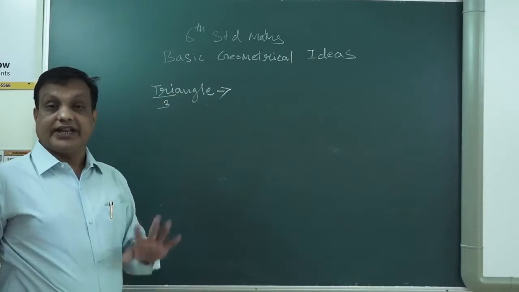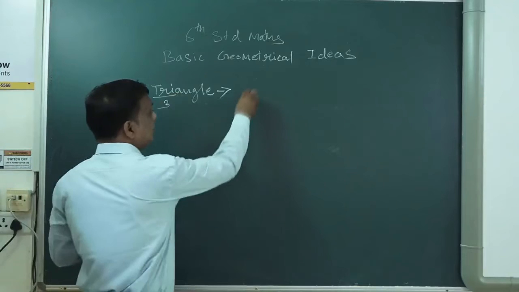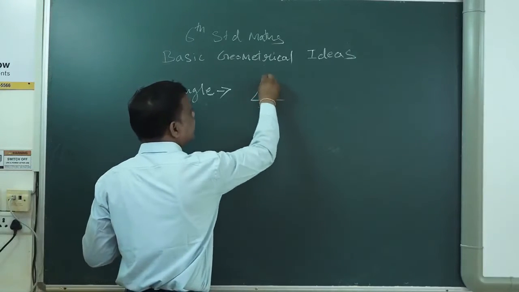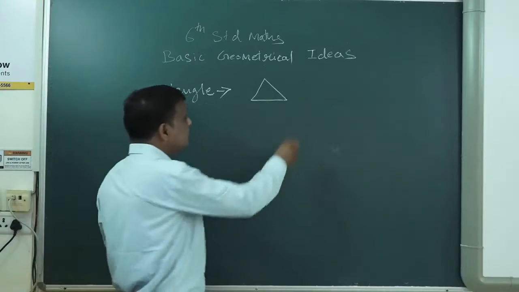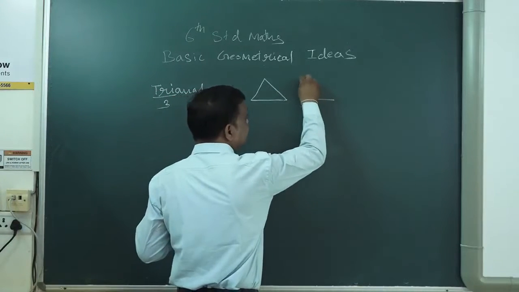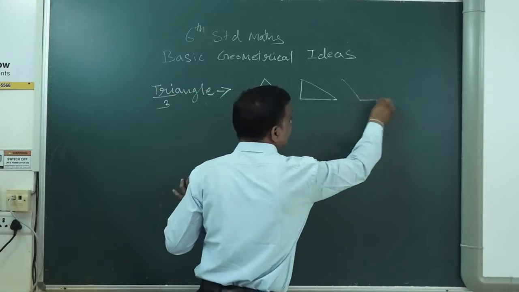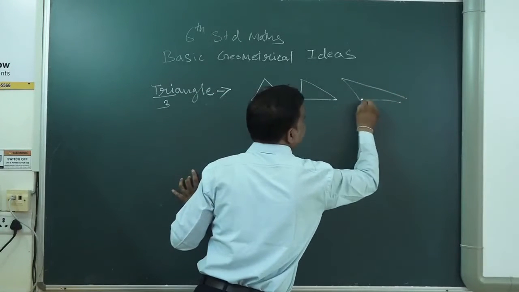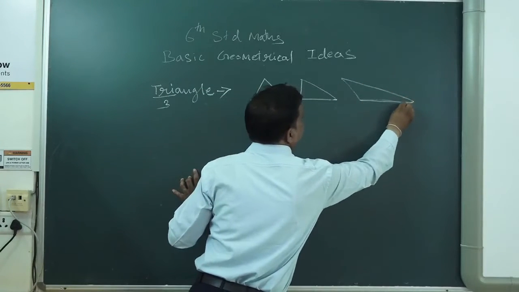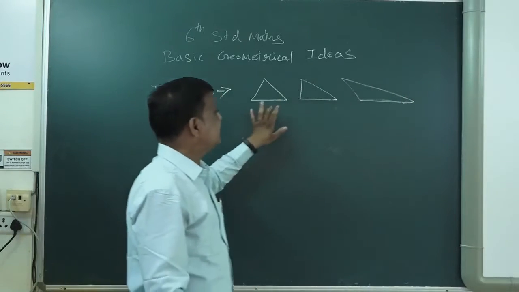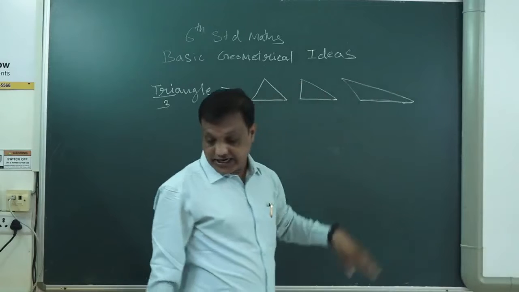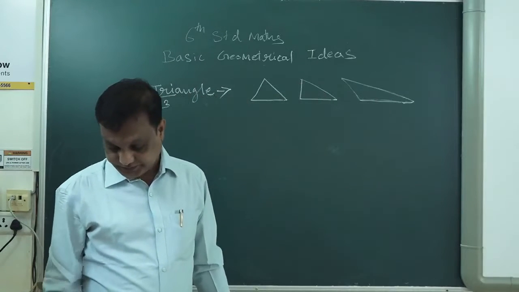A 3-sided figure is called a triangle. We already learned in the previous class that there are many types of triangles. We are not learning the types of triangles now, we are just saying a triangle. The types of triangles we will see afterwards. These all are 3-sided figures. That's why this is a triangle.